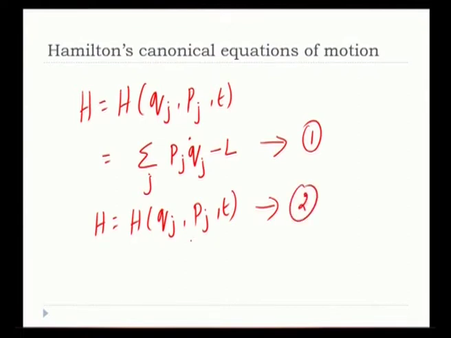So, from this equation find dH, that is, the variation of this Hamiltonian.